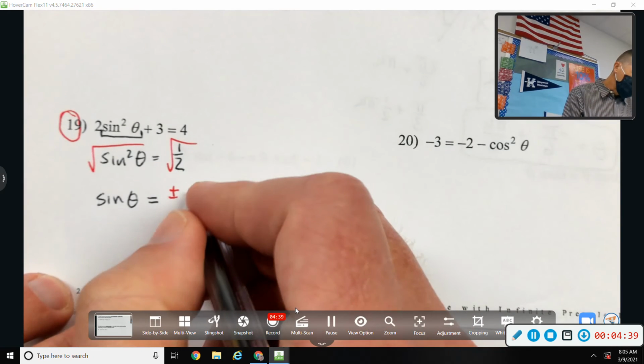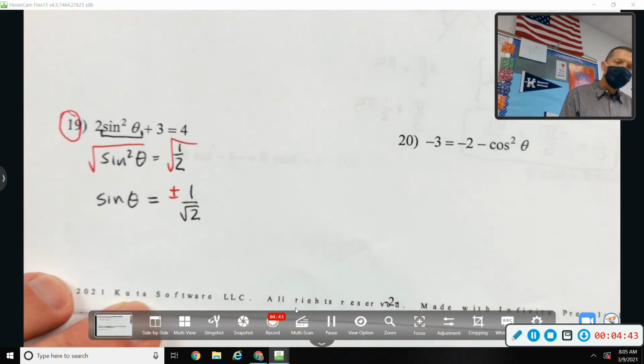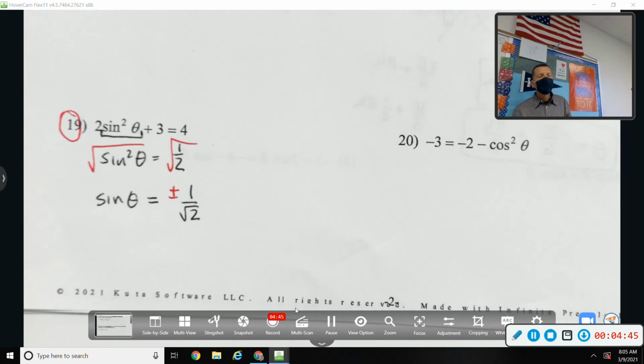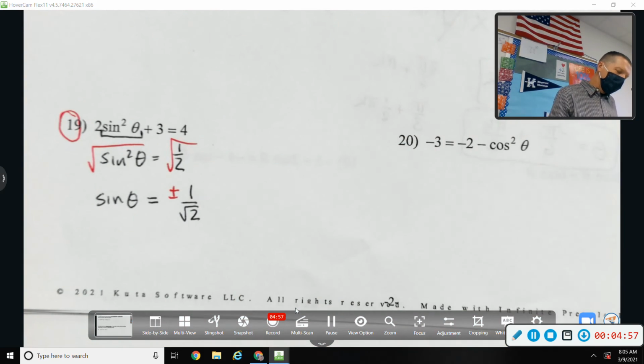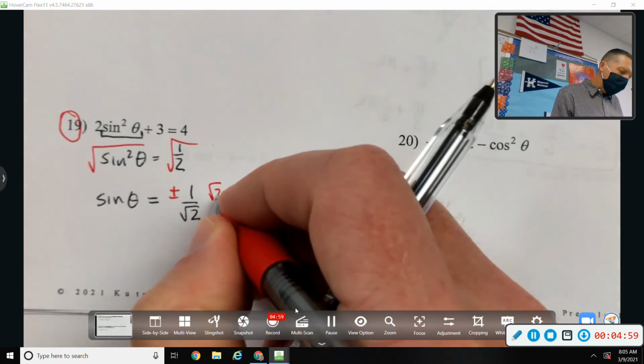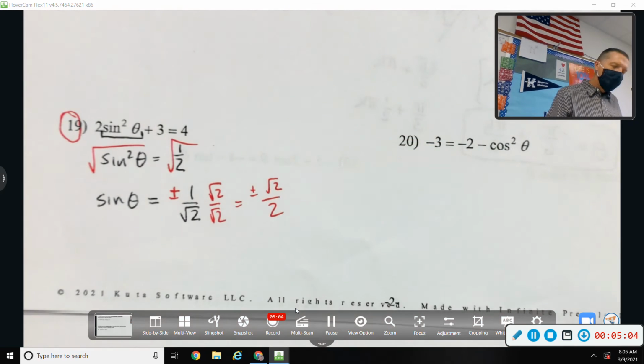I hope so. So I'm going to split that up and make it 1 over square root of 2. Sort of split up the square root, because I can take the square root of the top. That is not a unit circle value, or at least it doesn't look like it, until I fix it. And then it's root 2 over 2.